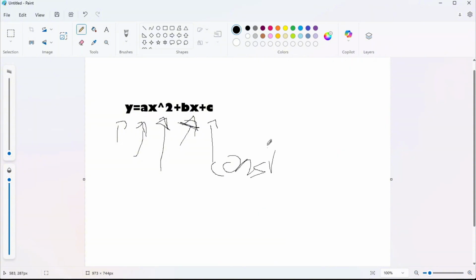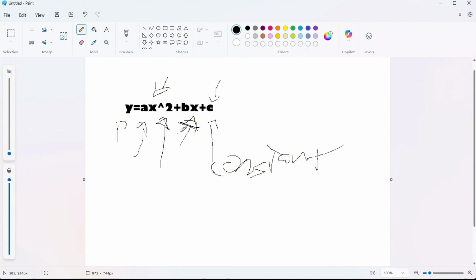The constant is the y-intercept, so this equation is used to see the y-intercept.